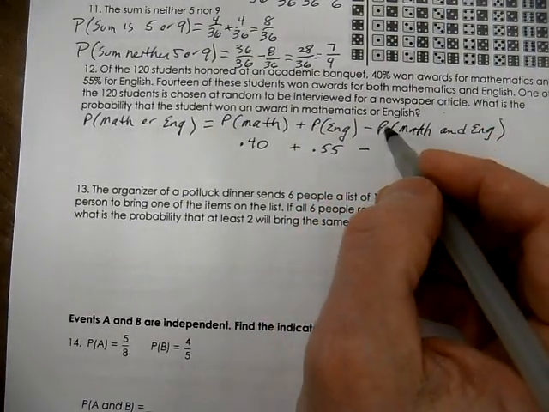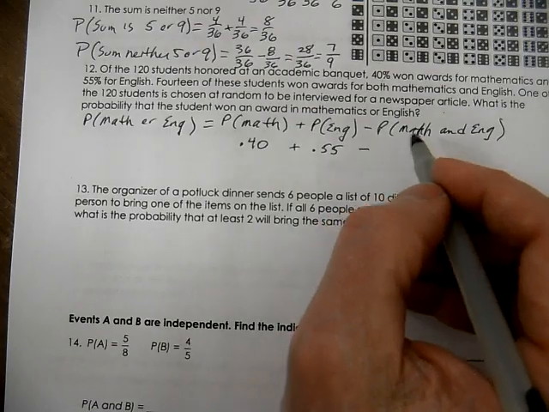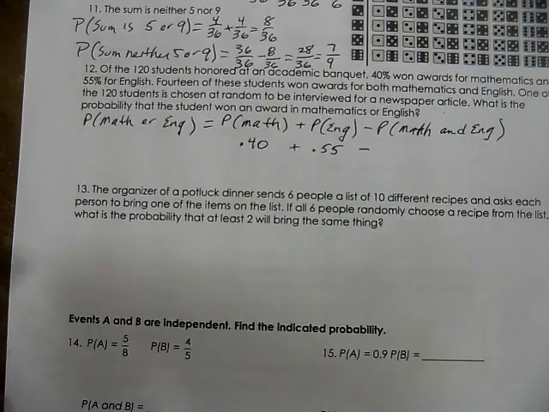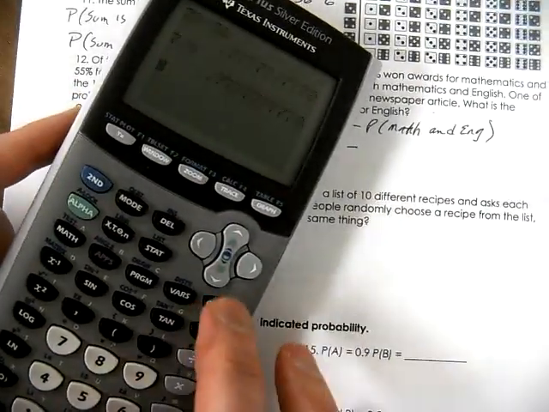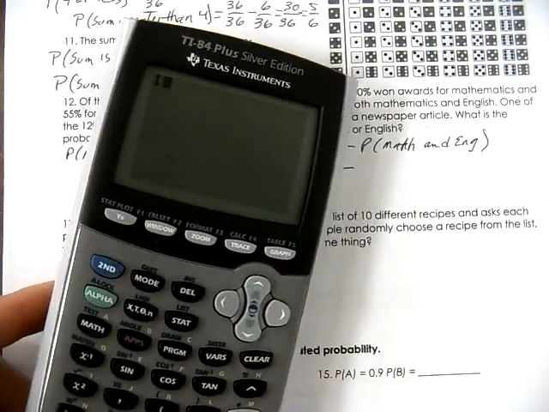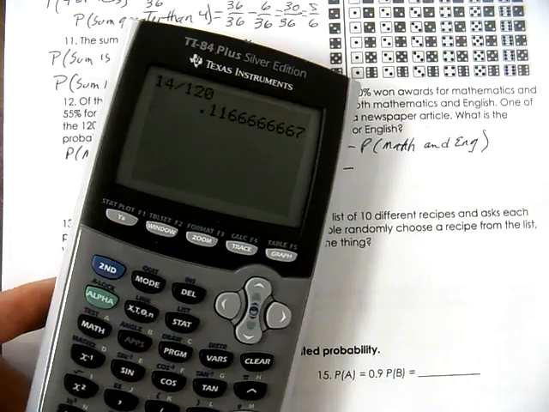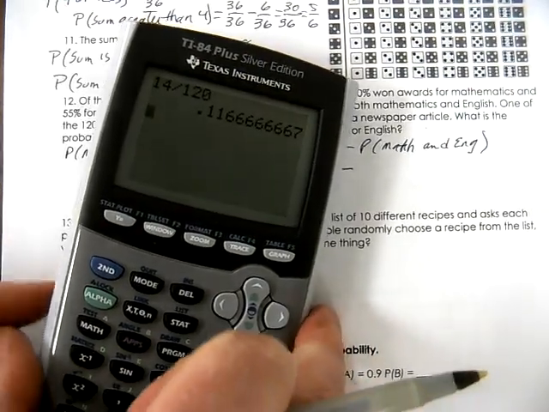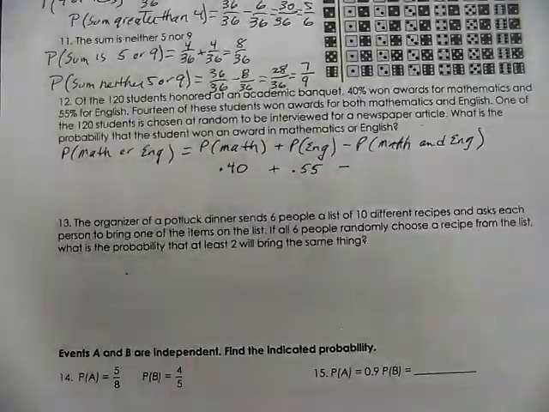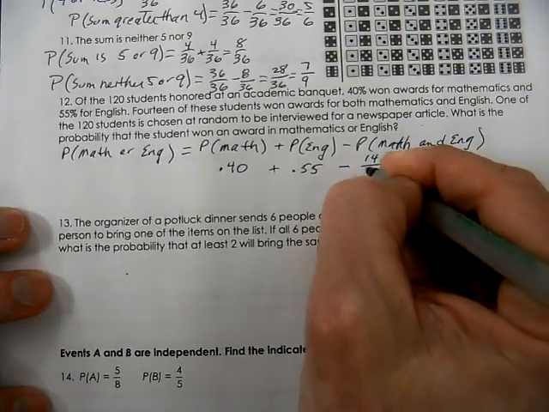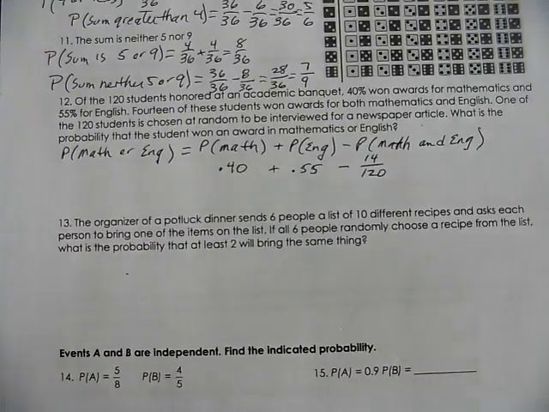We got to be careful with this. It's not 14%. It's just 14 of the 120. It's going to be a rounded number for us. Let's go with 14 out of 120.